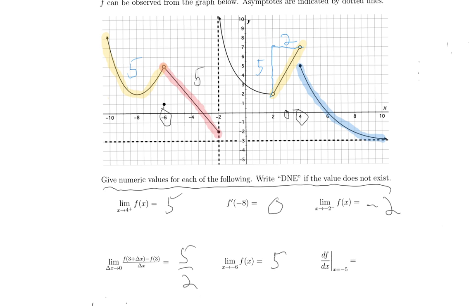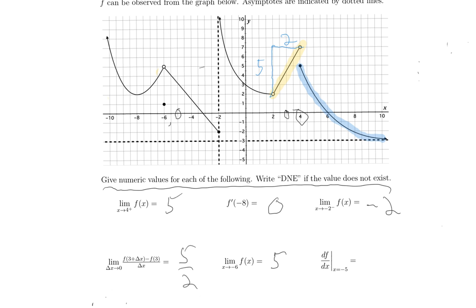So we know that -5 is going to be between -6 and -4. So let me go ahead and clean up the stuff on this side so we can clearly look at that. Come on, work with me, please. So we're going to be looking right here.